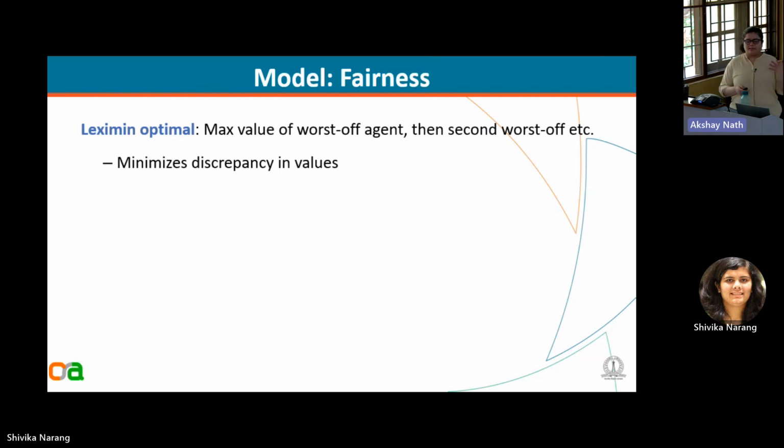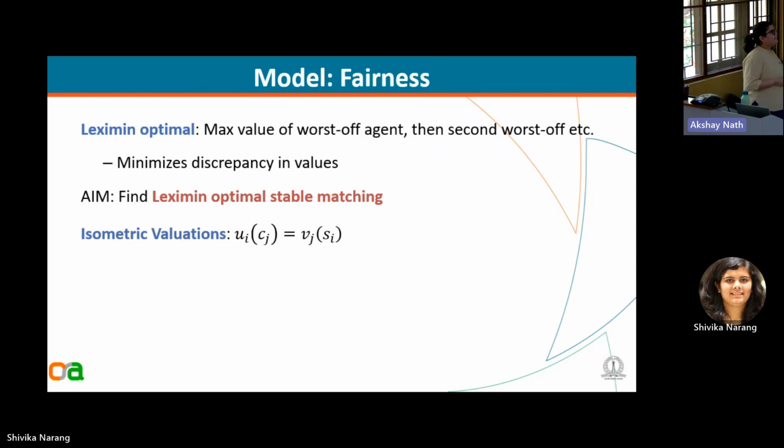The point is you want to minimize the discrepancy in the values. So over the space of stable matchings, we will find the Leximin optimal. Unsurprisingly, this is also NP-hard. So we then come up with some assumptions that help make this problem solvable in polynomial time.